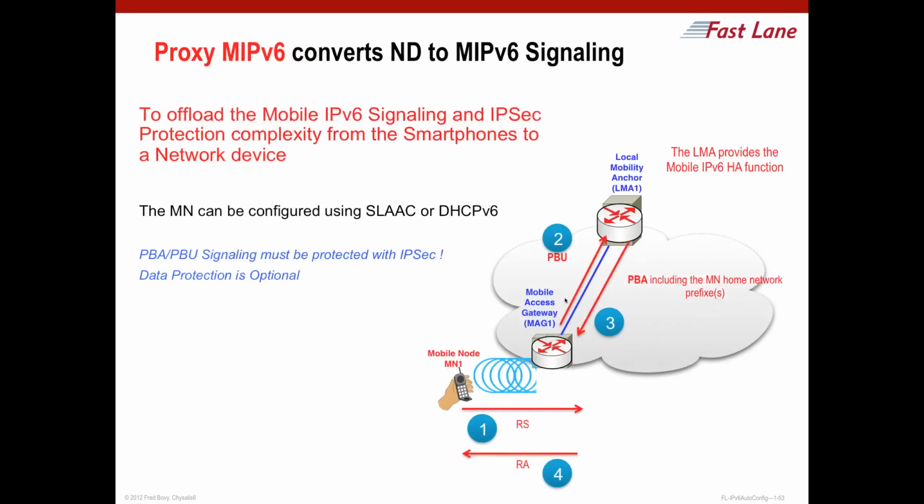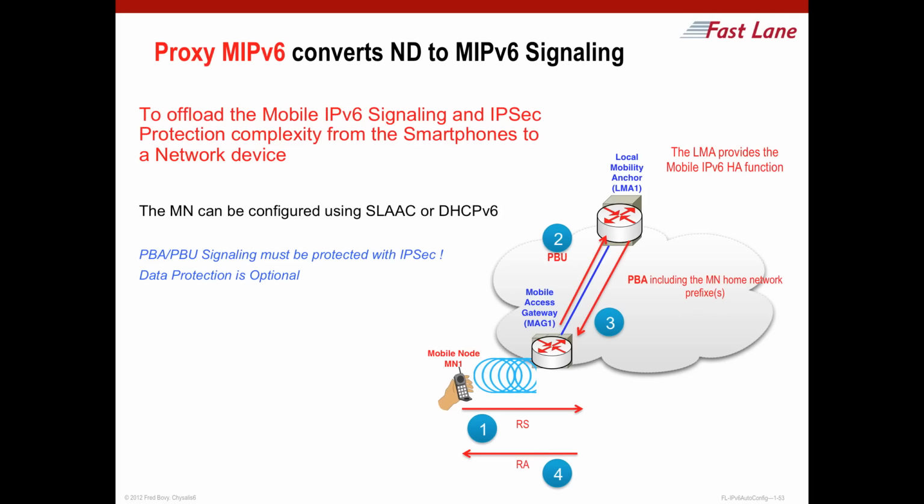For mobile phones, a protocol called proxy mobile IPv6 permits offloading all the complexity of the signaling and the protection onto the network. So the smartphone does not have to deal with the IPsec tunnels and with the mobile IPv6 signaling. The mobile nodes only use neighbor discovery protocol, and then you have two new nodes.